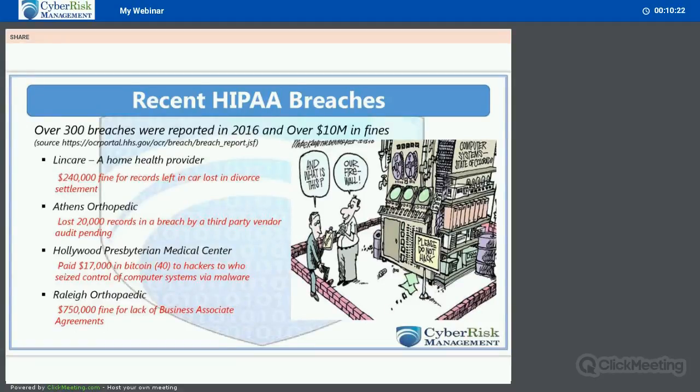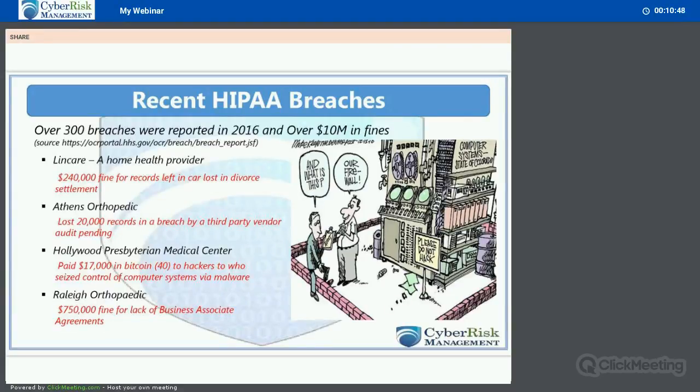And he became a whistleblower, so he went to the Office for Civil Rights website, put in that he knew of a breach and told the details of it because he still had those files. And Lincare was audited and fined $240,000 because those records were left in the car. So you have to have strong procedures in place so that incidents like that don't happen.